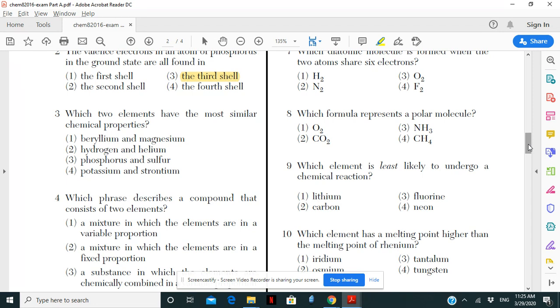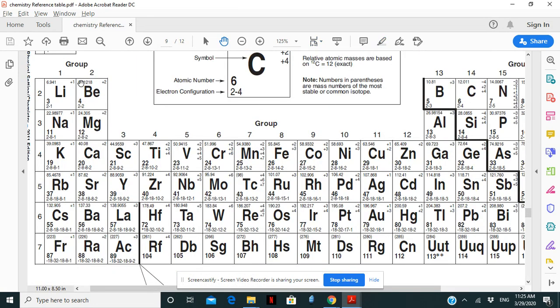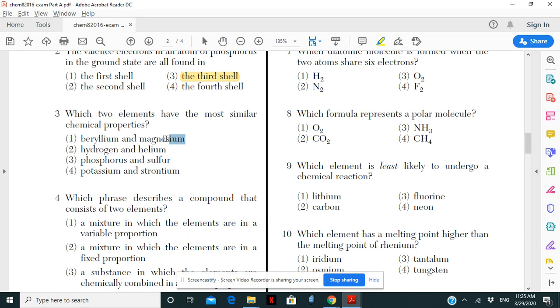Means I'm going to check which of these two elements are in the same group. So going again backward to the reference sheet, I'm checking for beryllium and magnesium. Beryllium and magnesium are in the same group. If you're looking over there, the valence shell has 2 electrons, means they have the same chemical properties. And in that case, I'm picking up beryllium and magnesium.